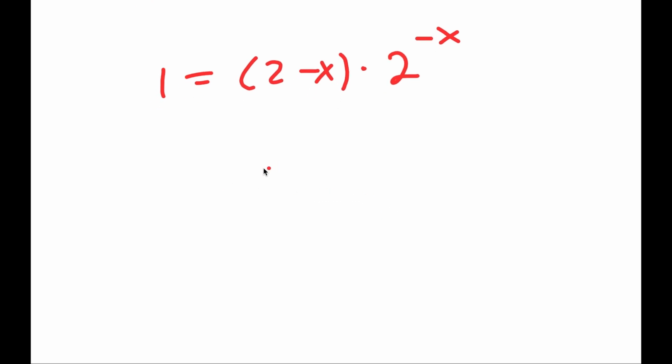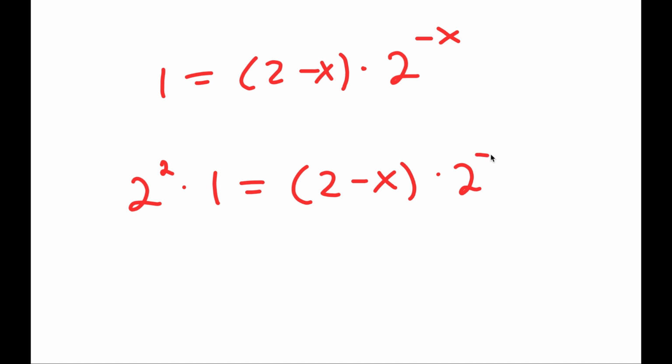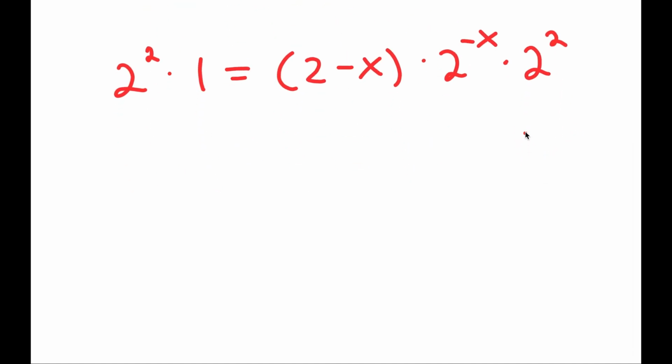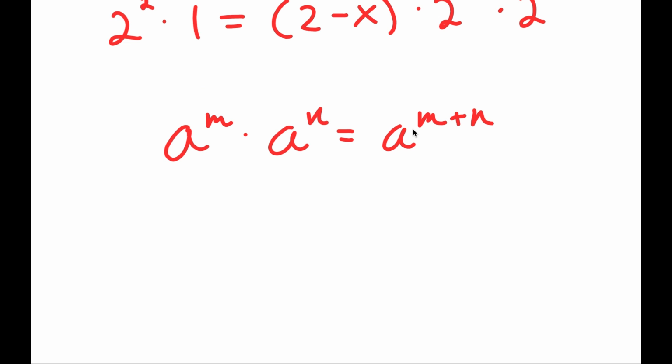Now, I'm going to multiply both sides by 2 squared. So I get 2 squared times 1 is equal to 2 minus x times 2 to the power of negative x times 2 squared. And now, if I have something in the form a to the power of m times a to the power of n, this is equal to a to the power of m plus n.